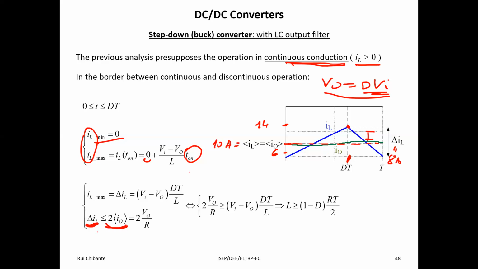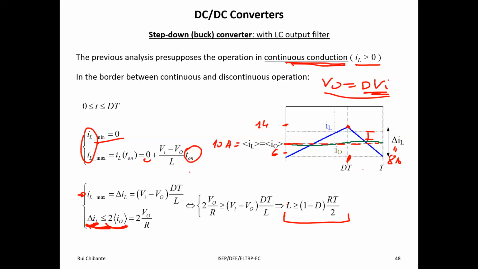So if I use this condition together with the previous equation, and if I solve this for the variable L, I get this inequation that tells me what is the minimum value of the inductor that I must choose in order to guarantee that we are in continuous conduction.